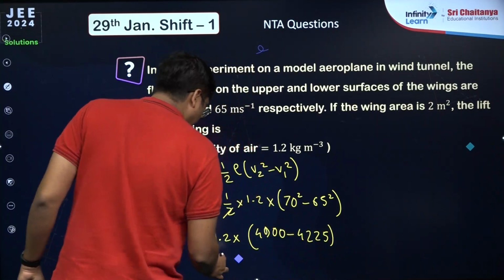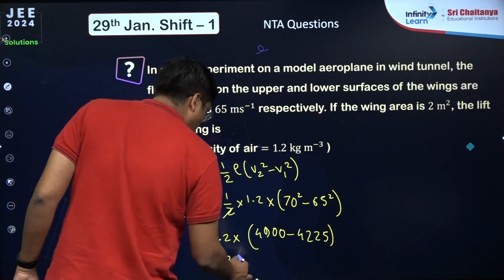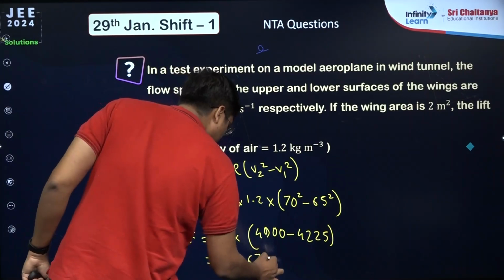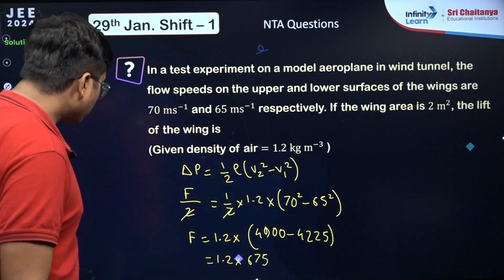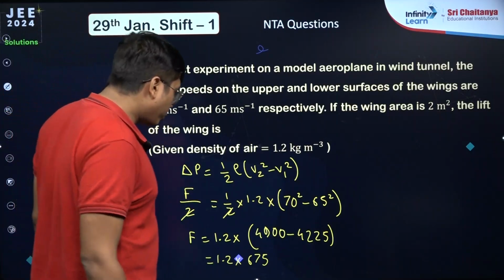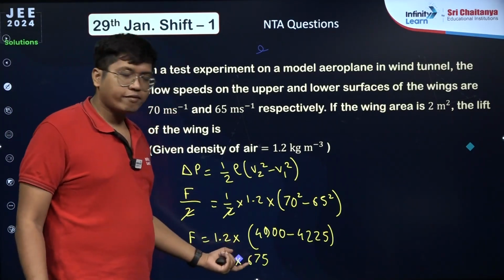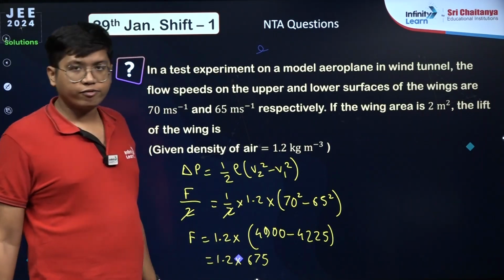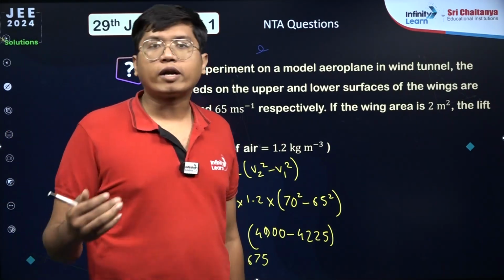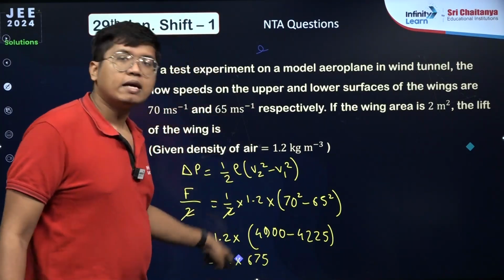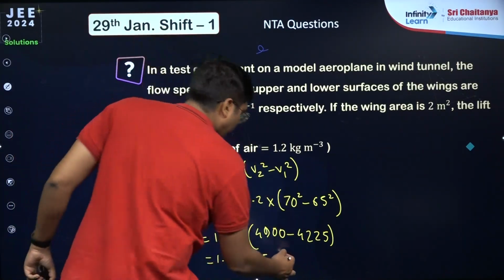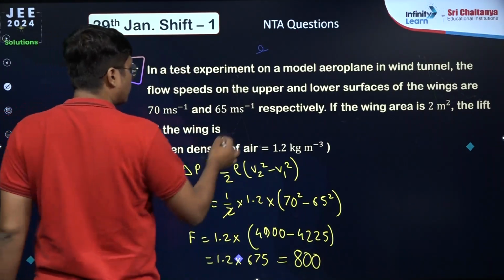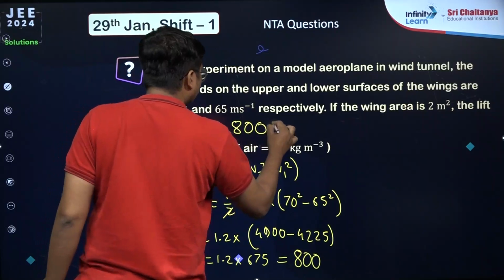So that makes it 1.2 into 675. 1 into 675 is 675. 2 into 675 is 1350, so 0.2 into that would be 135. So it is 675 plus 125. At the end, you would get it as 800 if you calculate it. So the force is 800 newtons.